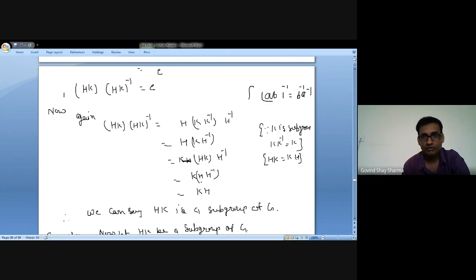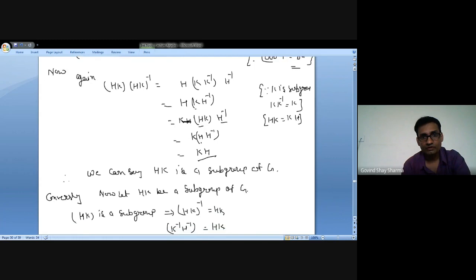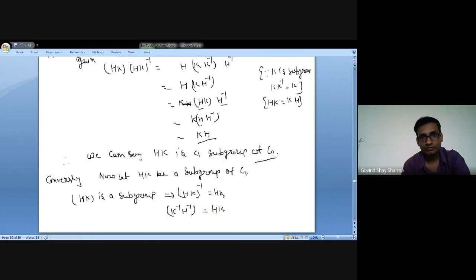We have already proved this in groups: the inverse of AB is equal to B inverse A inverse. Then the inverse of HK becomes K inverse H inverse, and K inverse becomes K because K is a subgroup, and the inverse of a subgroup is in the subgroup itself. So we have two properties, and HK inverse becomes KH. So we can say HK is a subgroup.